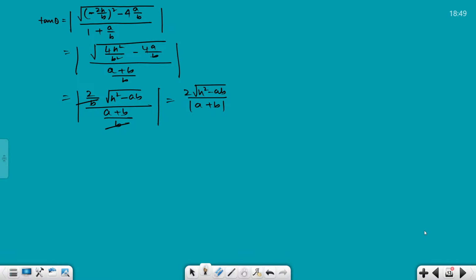Now the moment you got this, your tan theta is this. Now think about it. If this is your tan theta, and if this theta comes to 0, what do you mean by theta is 0? That is, it is not making any angle. So it coincides with the given line.